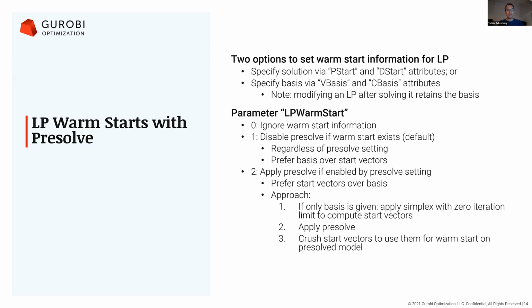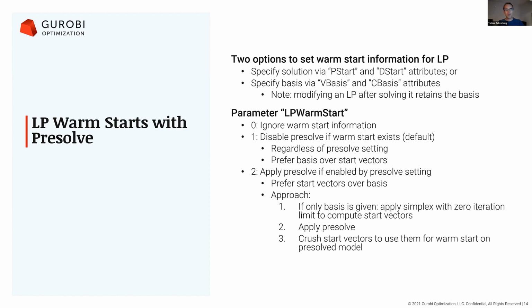But then in previous versions, what will always happen, if you solve an LP and then modify it and then, for example, add another constraint or change a bound and then resolve this problem, then what we would do is what is here listed as option 1 of this new LP warm start parameter, which namely means that if there is a warm start, then we would disable pre-solve.